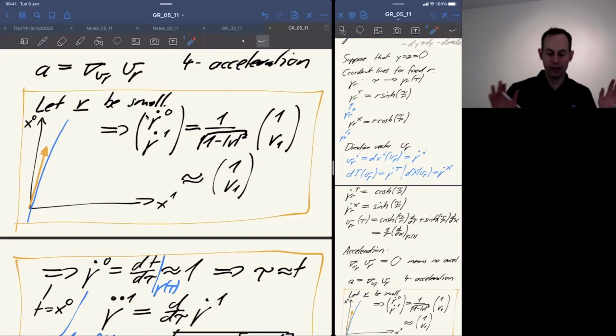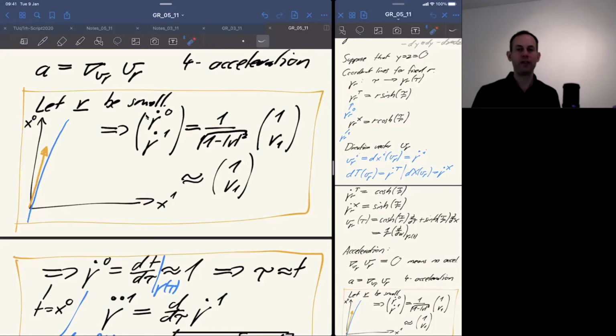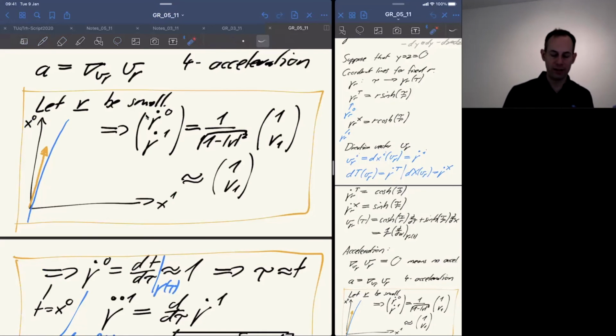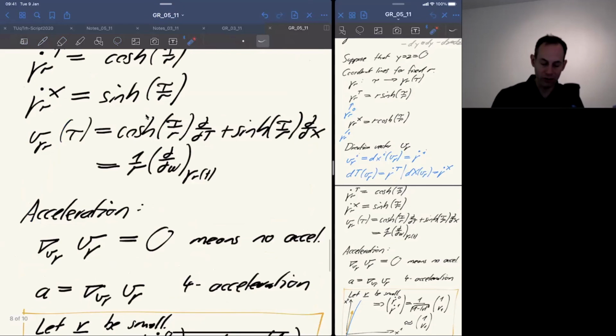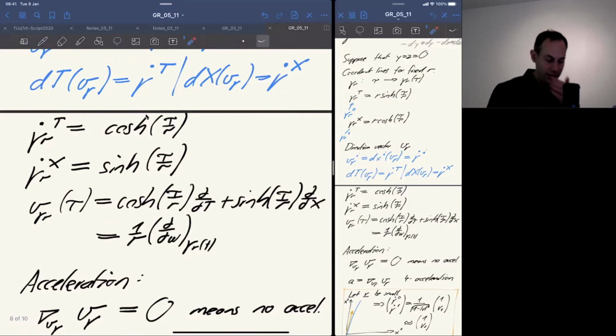We assumed everything is in flat space-time. This works in the same sense as it works in special relativity. So we're now in a special case where we can, in a relatively natural way, talk about simultaneity by saying just in the coordinate system of the observer, it's the spatial direction. So what's the spatial direction of the observer here that moves with this velocity? This is just the r direction.